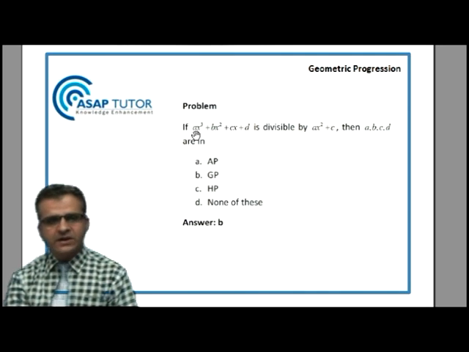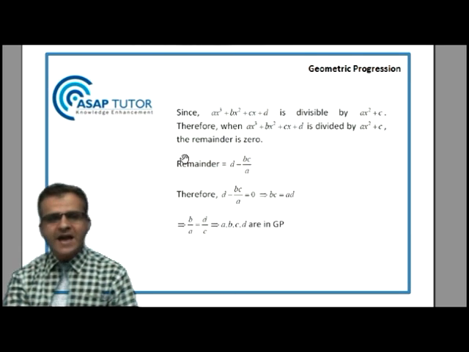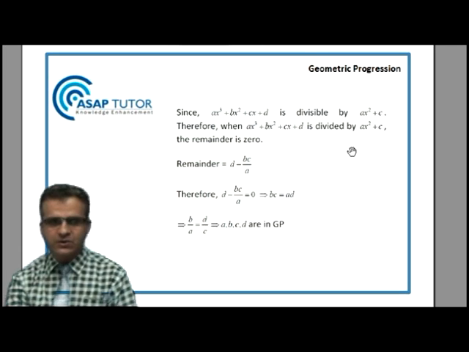Now the next is: if ax cube plus bx square plus cx plus d is divisible by ax square plus c, then a, b, c, d are in AP, GP, HP or none of these. Since ax cube plus bx square plus cx plus d is divisible by ax square plus c, it means if we divide this expression by that expression, then we should get remainder 0.